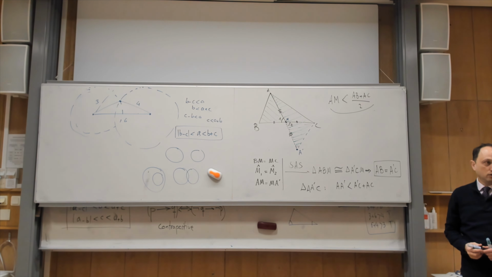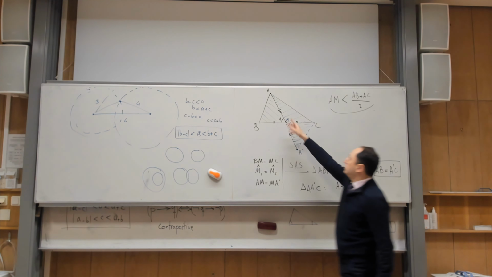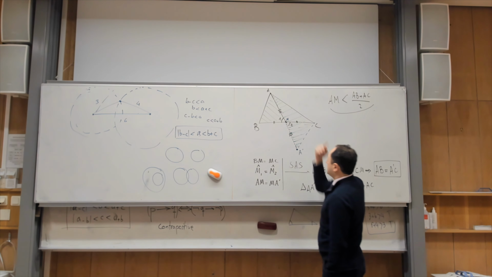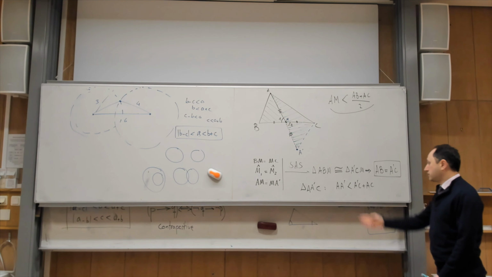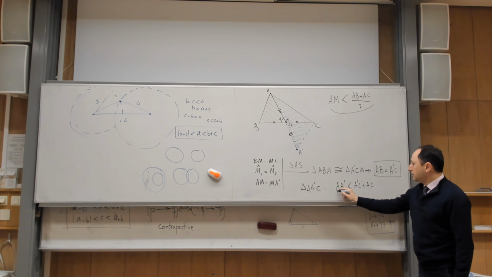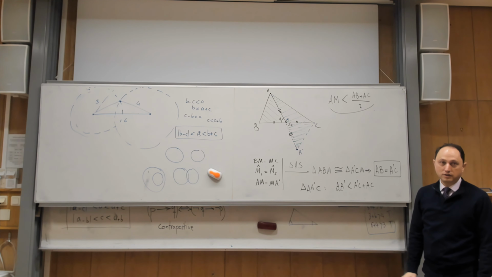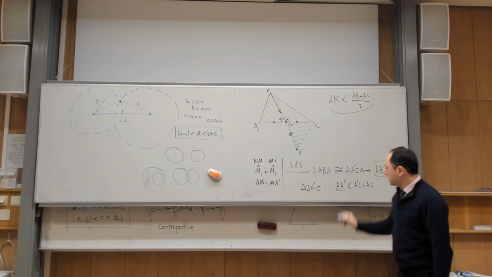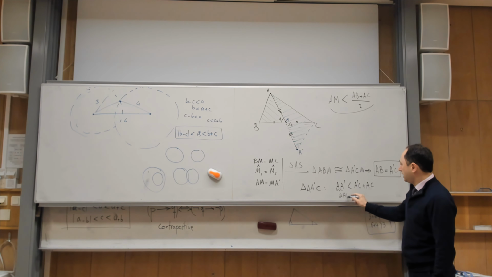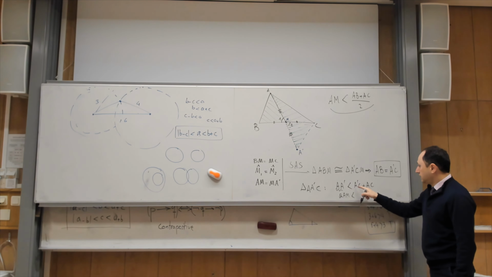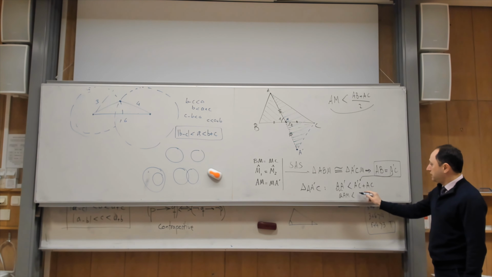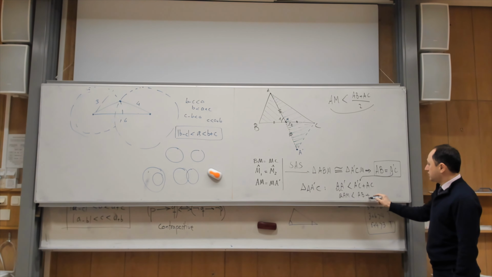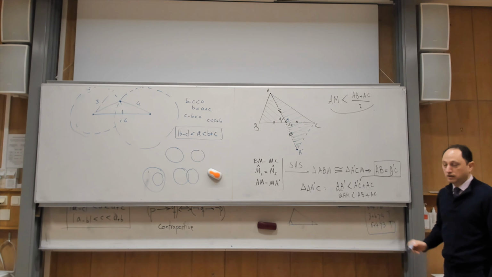That's the triangle inequality, yes? In this triangle, the length of one side is smaller than the sum of the lengths of the other sides, yes? But what can I write instead of AA prime? 2AM. 2AM, yes? So instead of AA prime, I write 2AM less than, instead of A prime C, I can put AB. Instead of AC, I just write AC. And then I divide by 2.